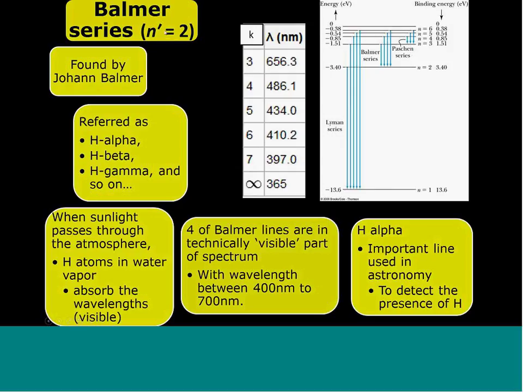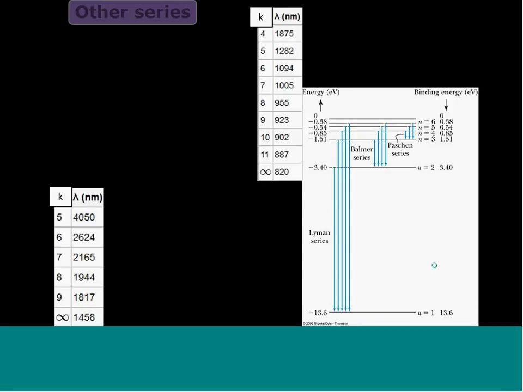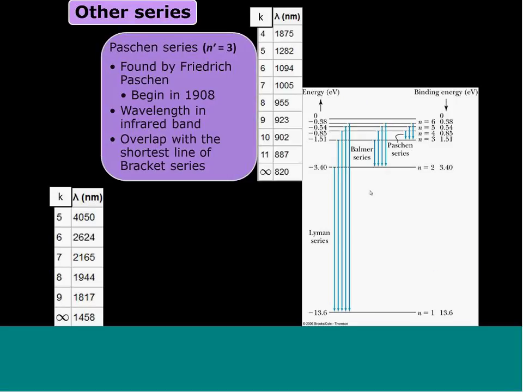Equal to 2, k je akan bermula dengan 3, 4, 5, 6, 7. So H alpha is an important line in astronomy to detect the presence of hydrogen. Then the Paschen series, founded by Friedrich Paschen tahun 1908.